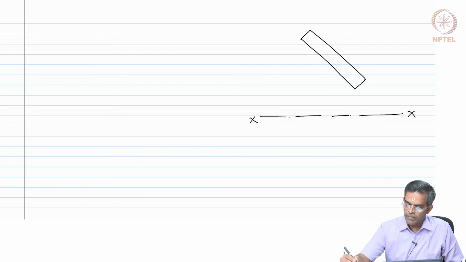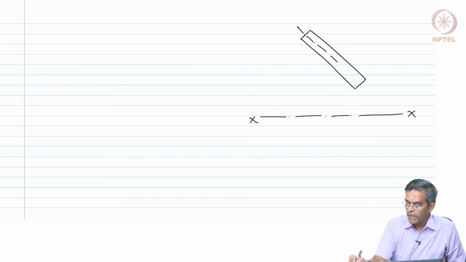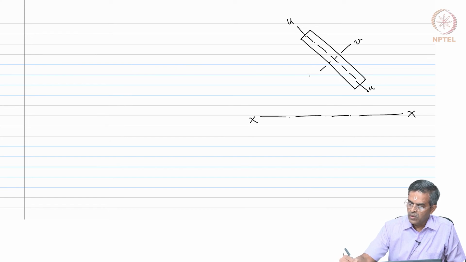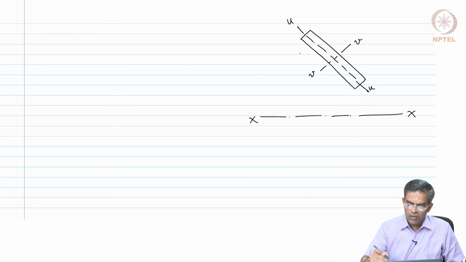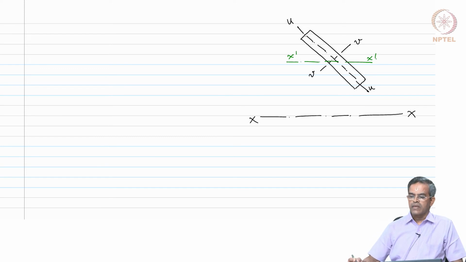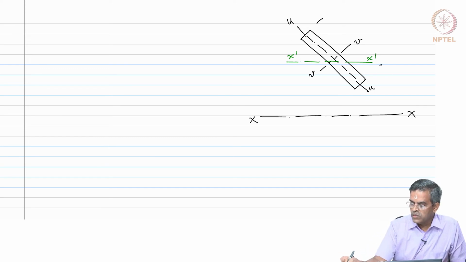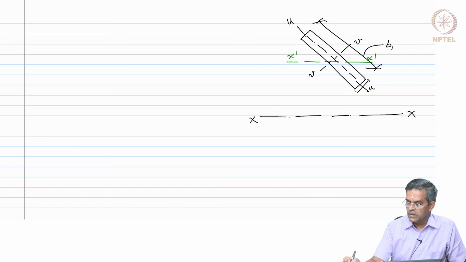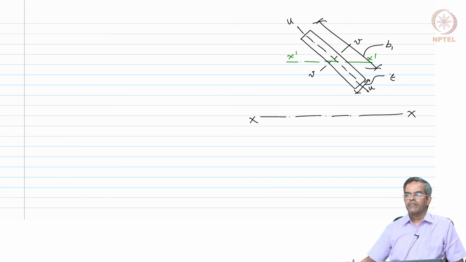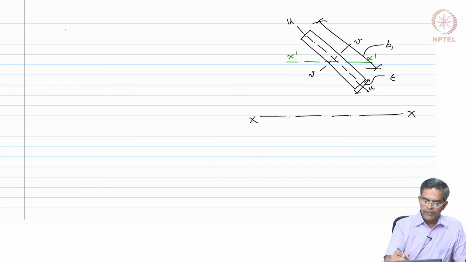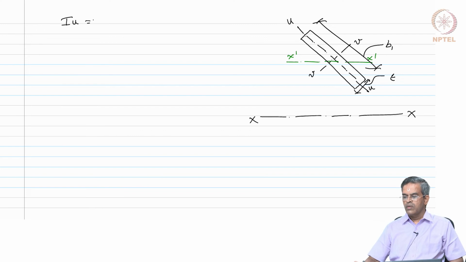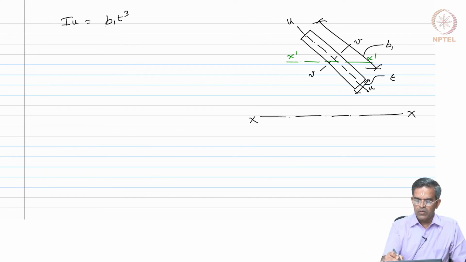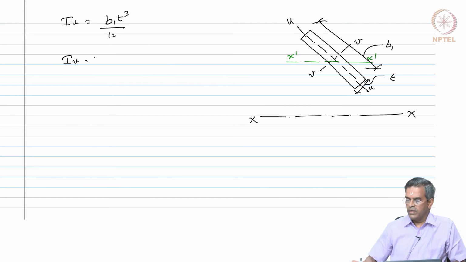Let us also mark the centroidal axis as UU and VV for this, and we call this horizontal axis as X dash X dash, and the dimensions are, of course, this is B1 and this is T.